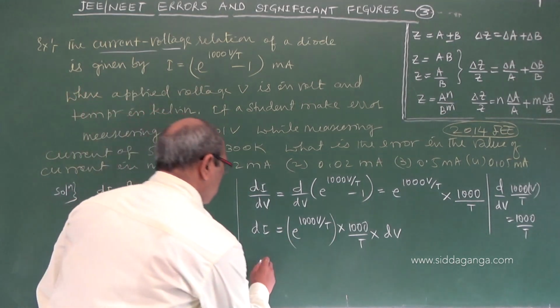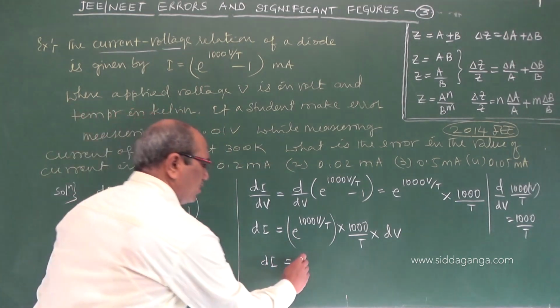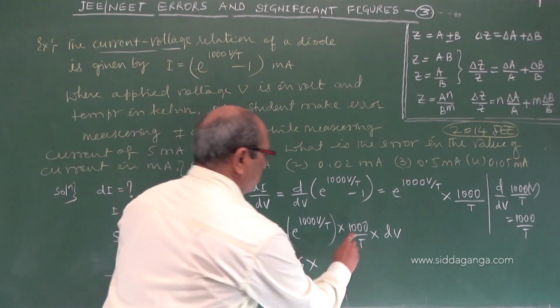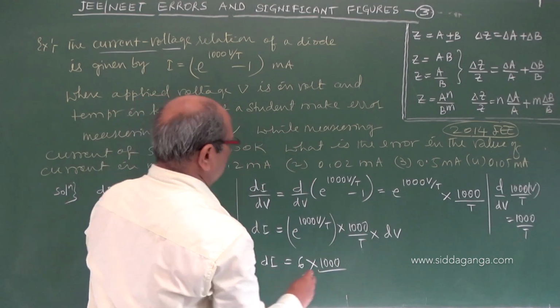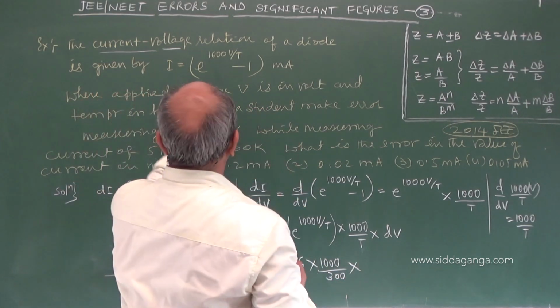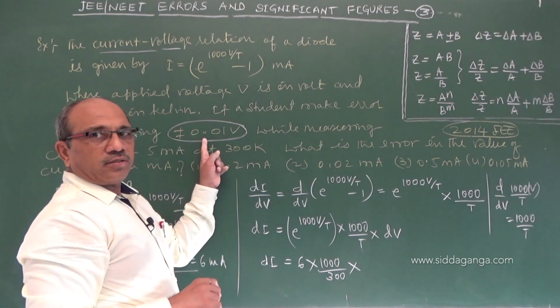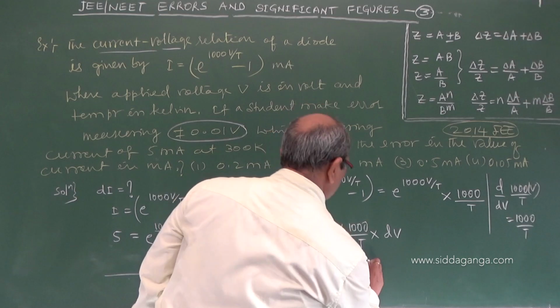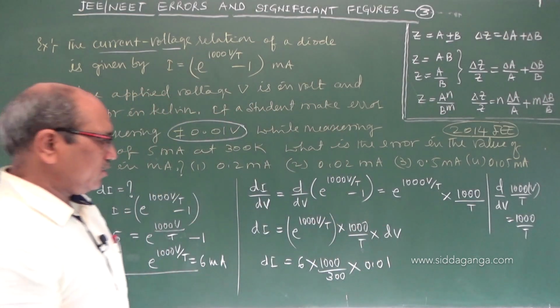So now dI is equal to 6 milliamps, into 1000, at temperature 300 as we already know, into dV, where the voltage error is given as 0.01. I think you understood.